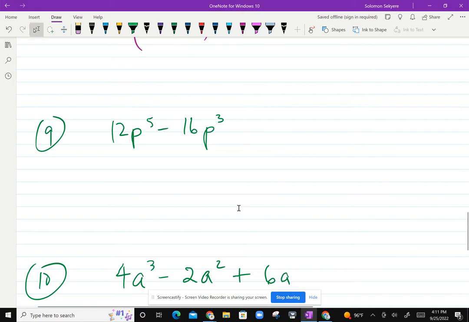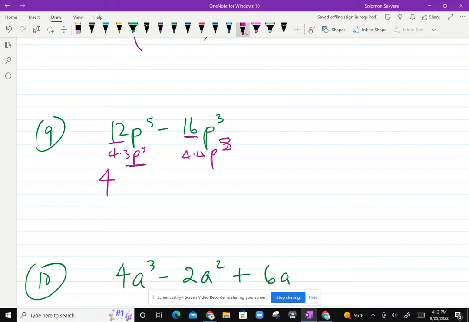Let's do this one too. 12p to the power 5 minus 16p cubed. So you look at 12 and 16. What is the greatest common factor of 12 and 16? It's 4. This is 4 times 3, and this is 4 times 4. We take 4 out. Then we look at the p to the power 5 and p cubed. What is common? We have 3 here and then 5 there.